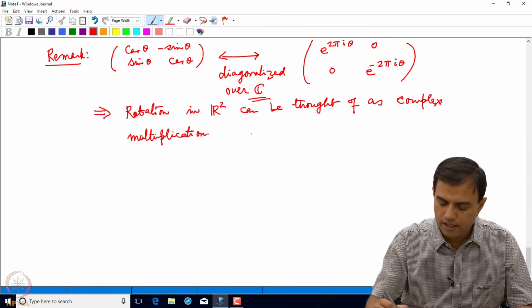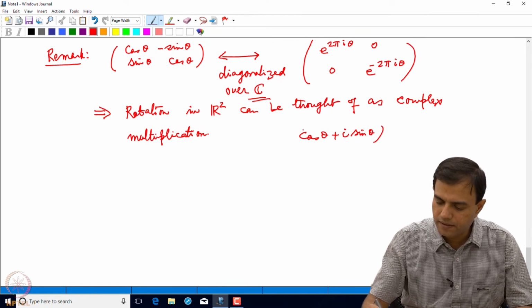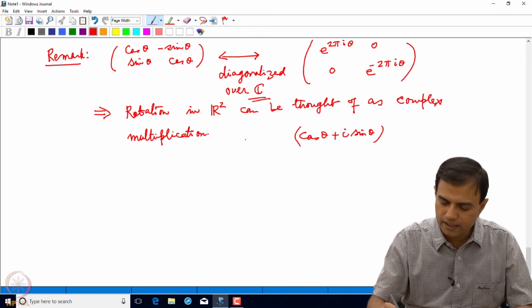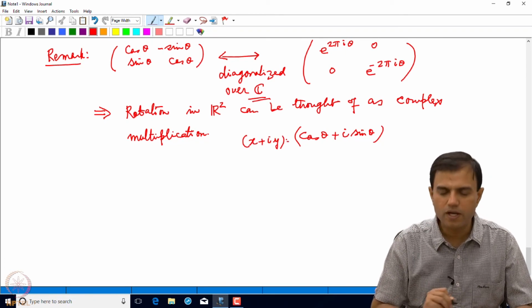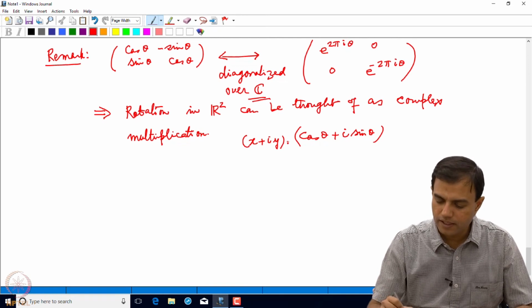How is that? I can take cos theta plus i sin theta, and then I can think of x plus iy for an arbitrary element in R2.